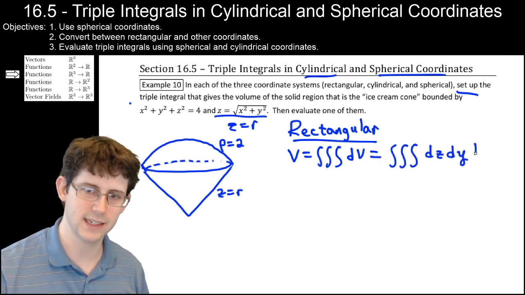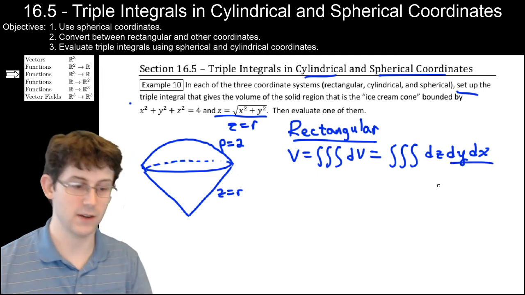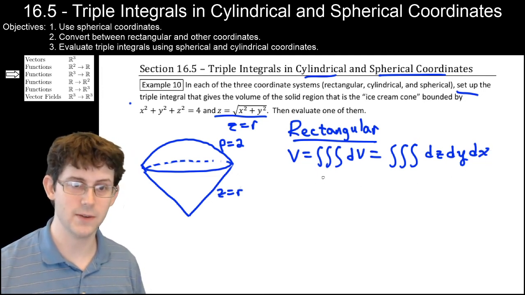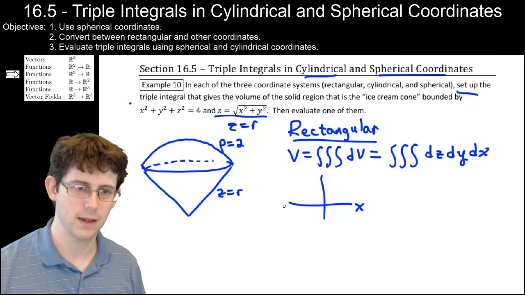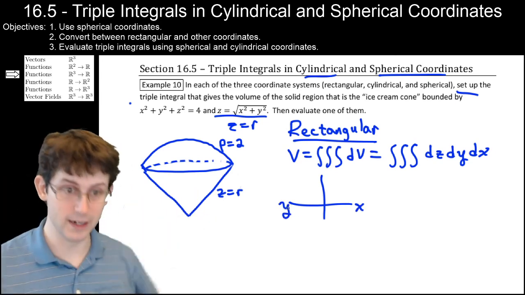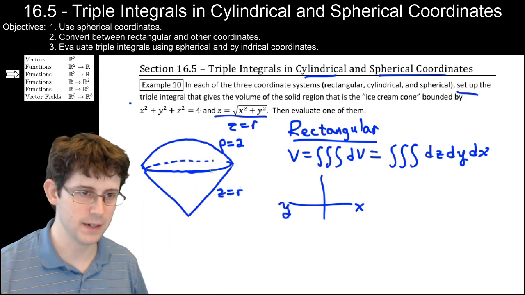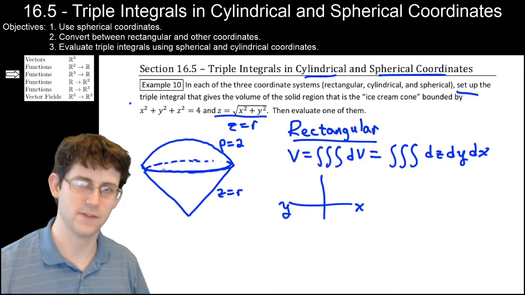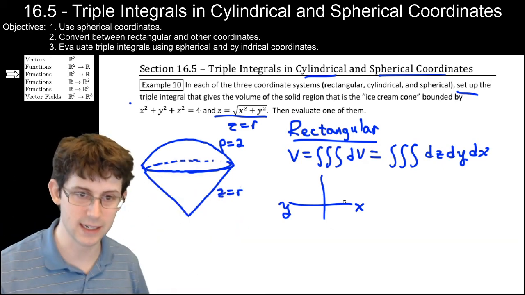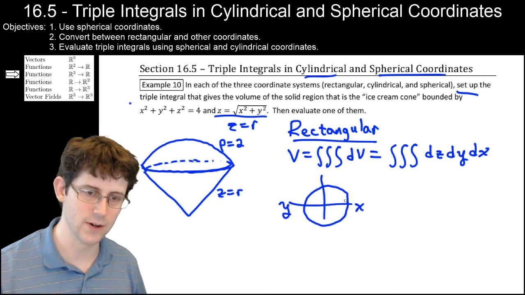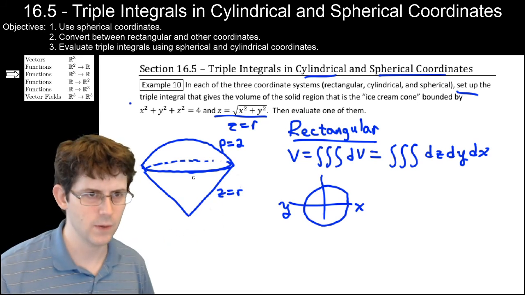In rectangular coordinates, we're going to let V be the integral of dV, and our favorite form of dV is dz dy dx. To figure out what's going on with the x and the y, we draw the xy plane. And we look down on this cone from above, and you'll see this circle as the furthest out thing that happens, the outer bounds of the shape. What is that?